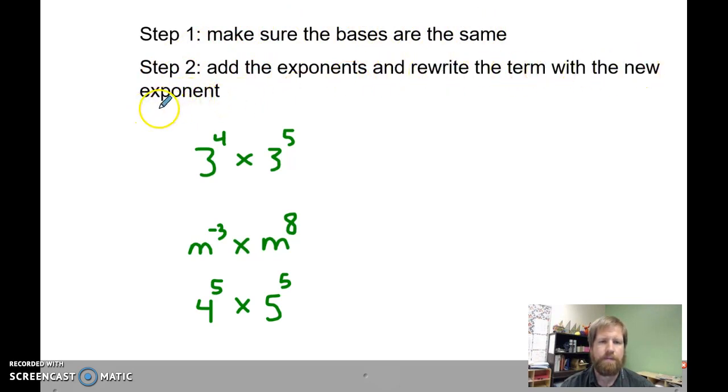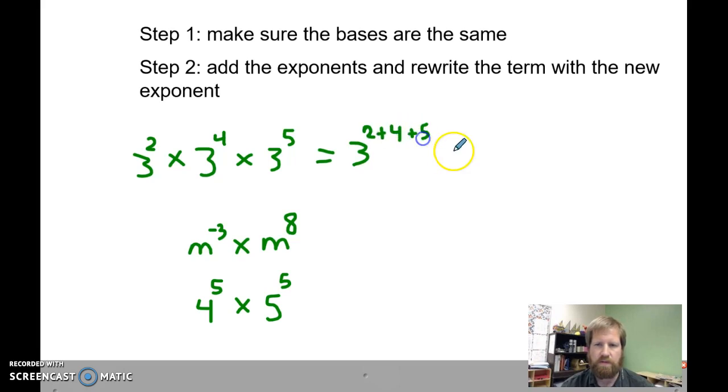You can also have more than 2 terms. You could have 3 to the 2nd times 3 to the 4th times 3 to the 5th. It's still going to come out with 3 to the 2 plus 4 plus 5, or 3 to the 11th.